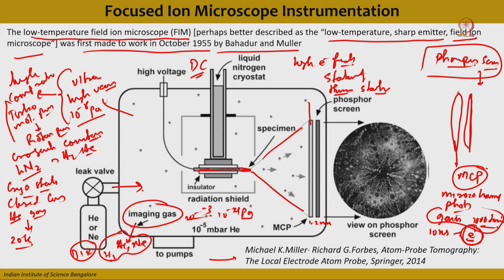This is the MCP plate, this is your phosphor screen. The distance between these two is 1 to 2 mm. These MCP plates are nothing but microchannel plates, and they act as image intensifiers.